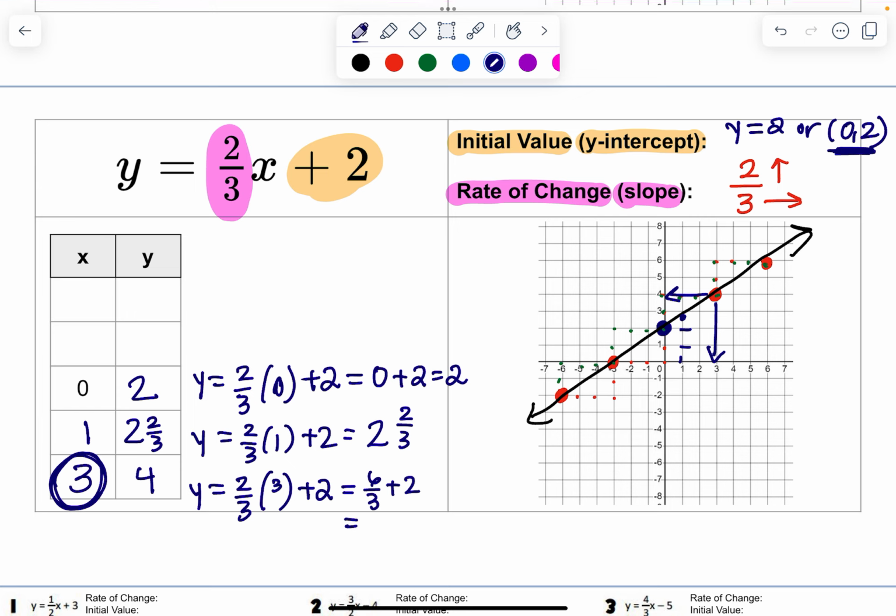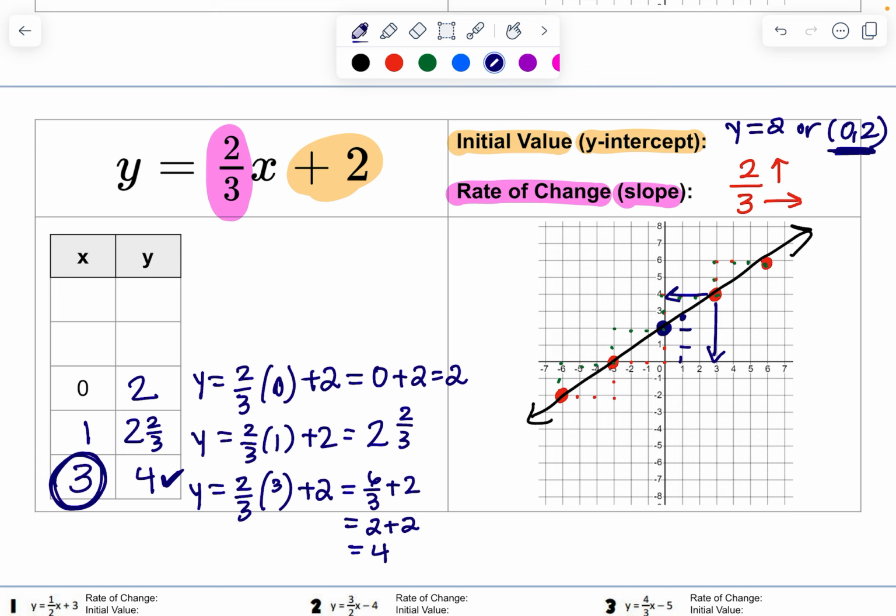But I know 6/3 is 2. So 2 plus 2 gives us 4, which is what we already had for the y. Perfect. Now you can choose a couple other values if you want to plug in, or for me, I'm just going to use the graph.